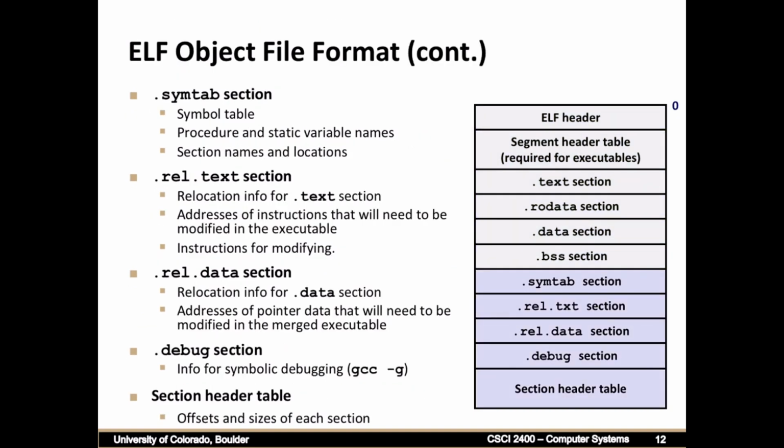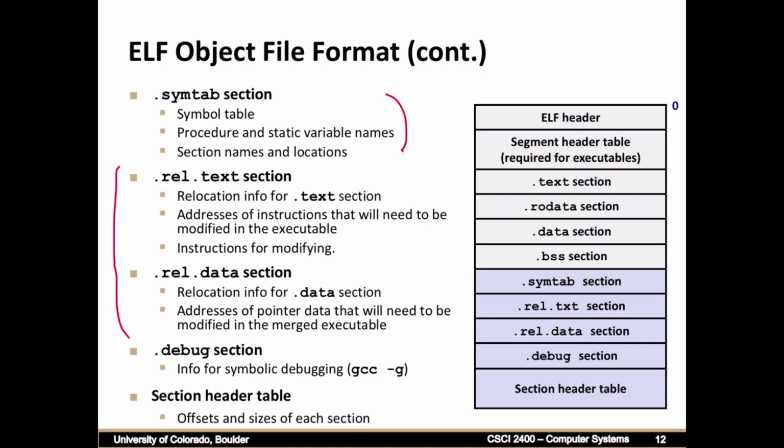There's also a symbol table section. So that has all the symbol table information, the procedure names and the static names and everything else. And then there's relocation information, relocation for the text and for the data. The relocation information is what's needed to be able to paste together the program code and change its organization in memory, and then fix it up so that it can actually execute.